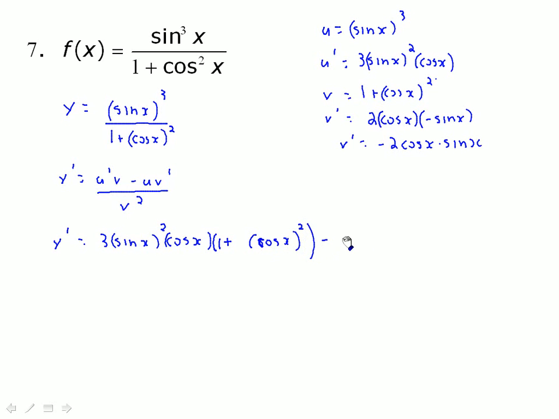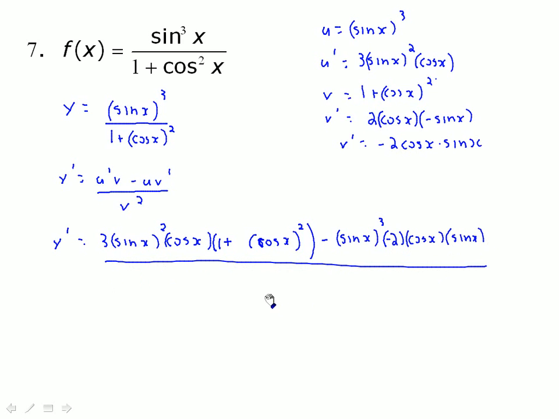Minus u, which is sine x to the 3 times v prime, which is 2 times cos x, or negative 2 times cos x multiplied by sine x, all this over top of v squared.